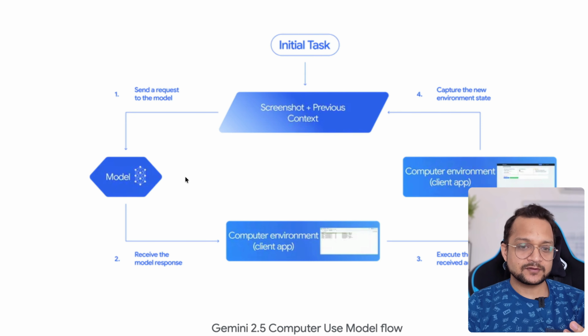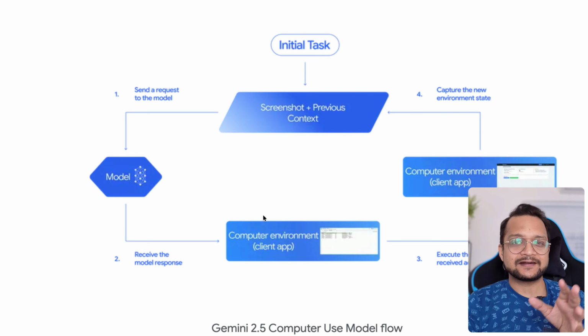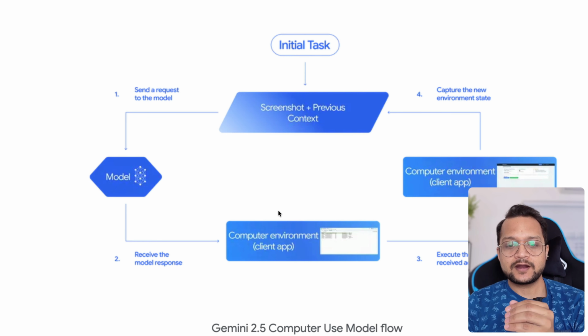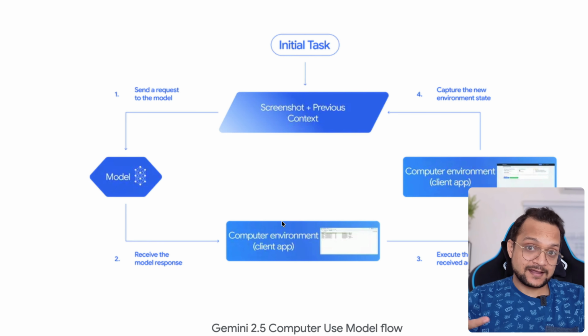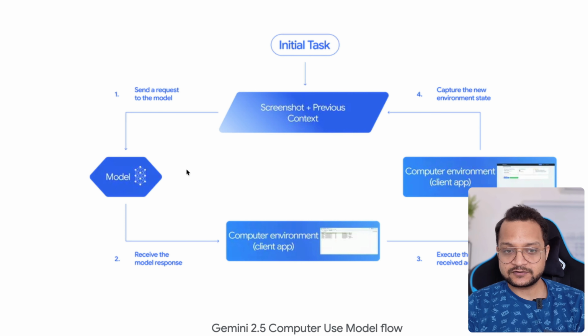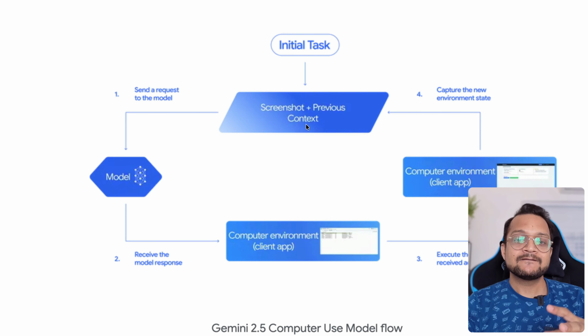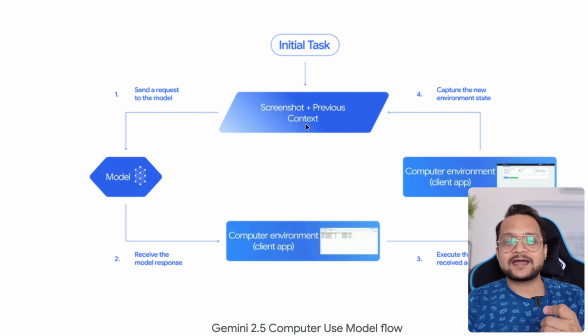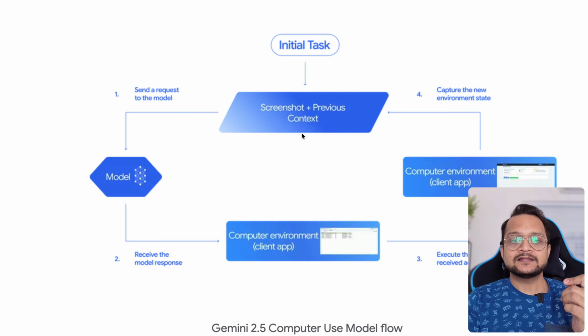Then the model gives a response, and we feed that response into the computer environment, which is the client app we use. Then it executes the action received from the model, and the computer environment performs the action and creates a new environment state, where the loop starts and the model again gets the screenshot.